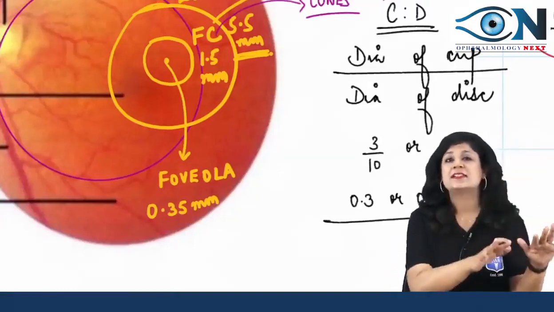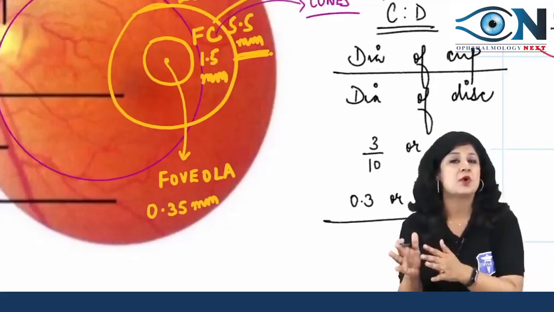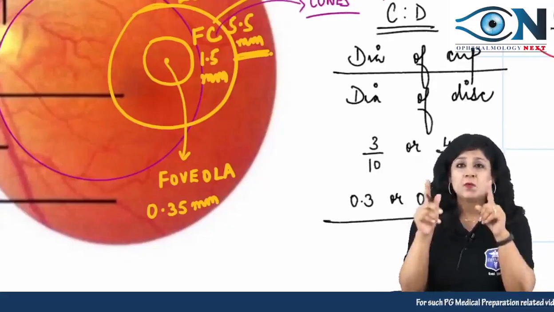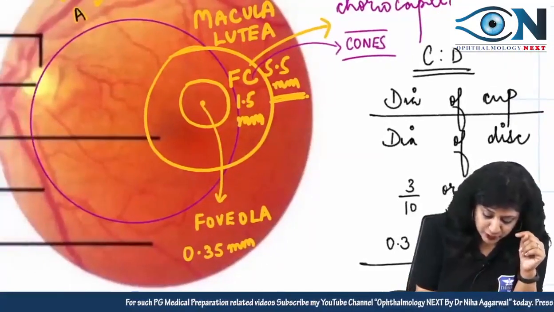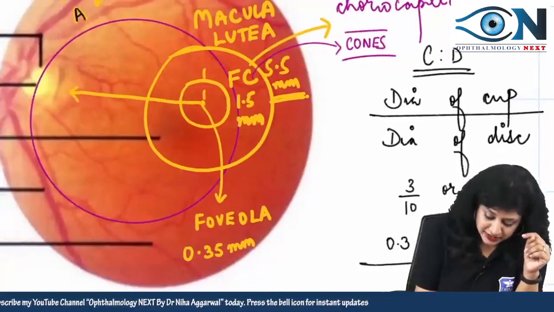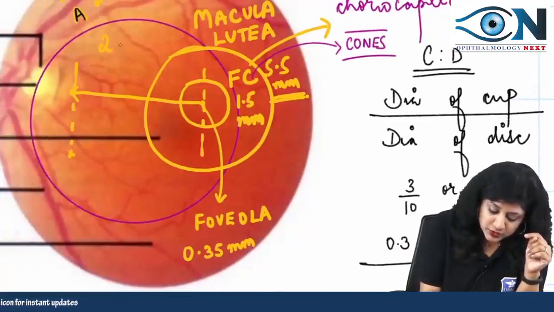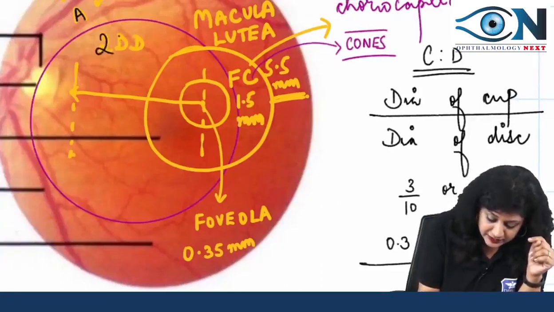So, towards the nasal side in the central retina, we have the optic disc. Towards the temporal side, again in the central retina, we have the macula. And what is the distance between the two? If you look at this foveola from the optic disc margin, this distance is actually fixed, and this is 2 disc diameter.